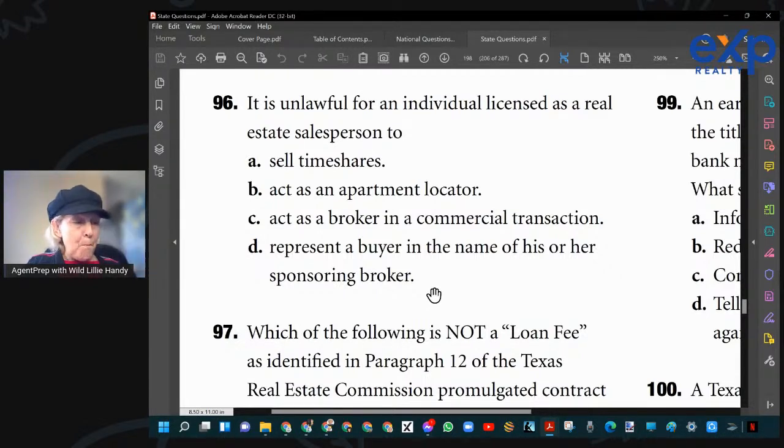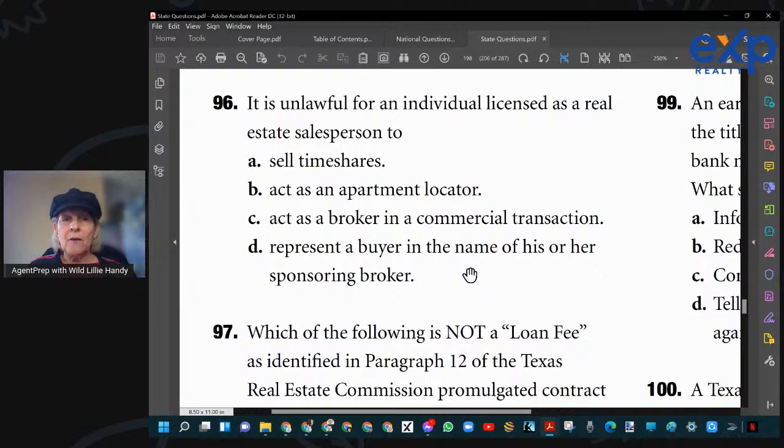All right, 96. It is unlawful for an individual licensed as a real estate salesperson to do what? A, sell timeshares. B, act as an apartment locator. C, act as a broker in a commercial transaction. Or D, represent a buyer in the name of his or her sponsoring broker.